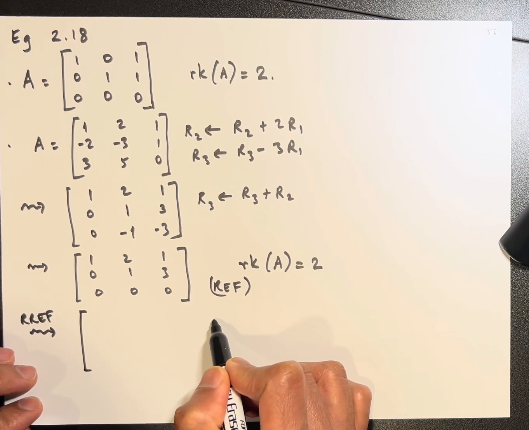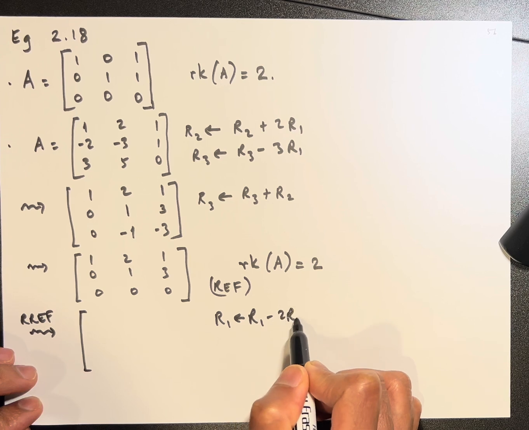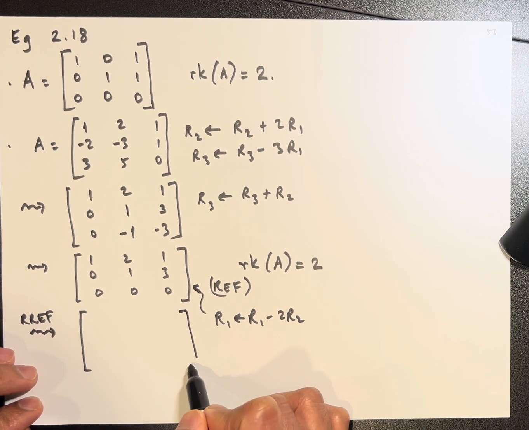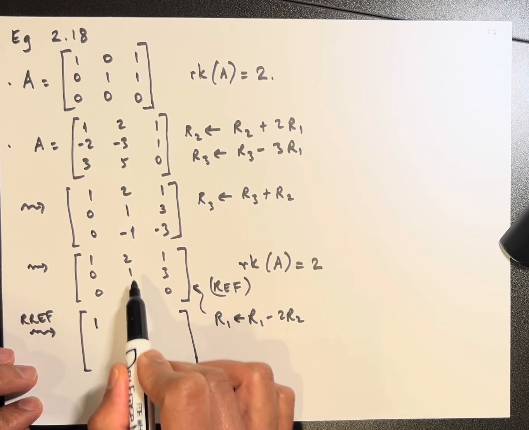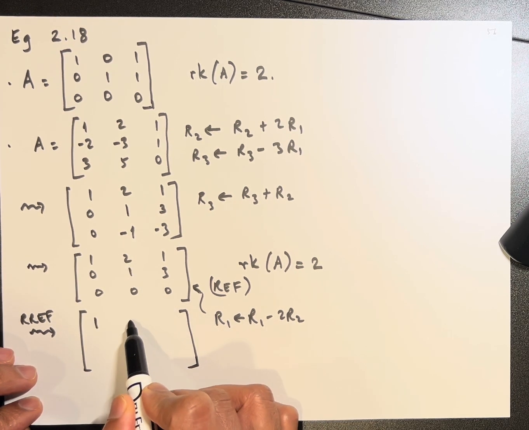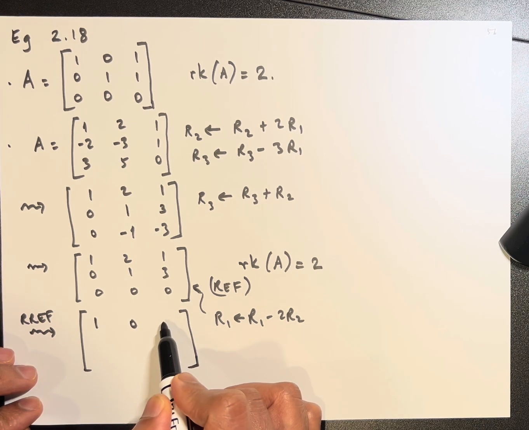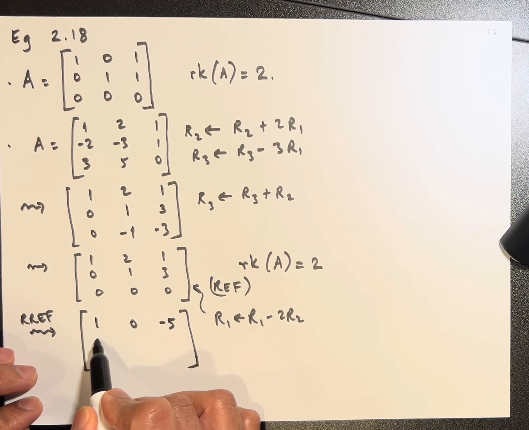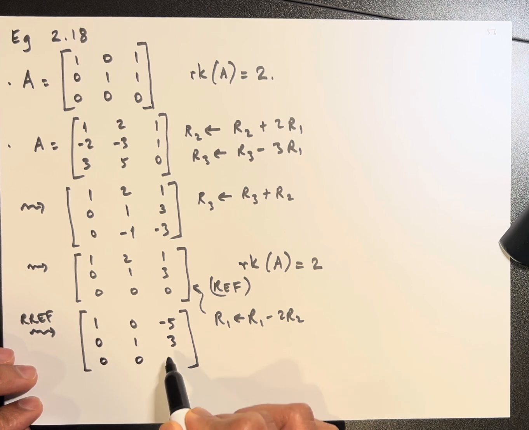So for that we are going to take R1, say R1 is R1 minus 2R2 to this guy, right? So we'll get, so this will be 1, multiply this times 2, so this becomes 0, multiply this times 2, 6, so this becomes -5, then this becomes 0, 1, 3, 0, 0, 0, right?